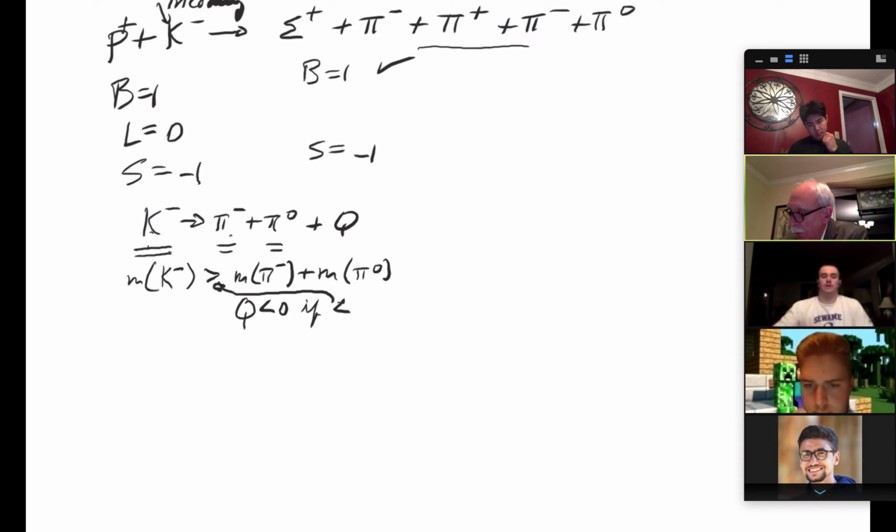And a negative Q means you've got to bring energy into the collision. And we can't in this case.